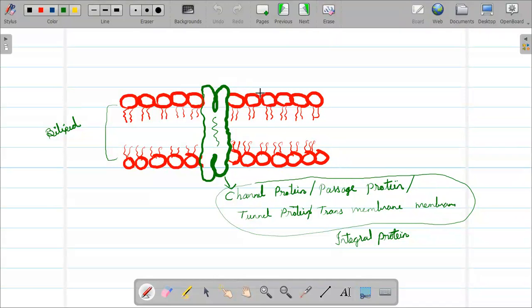These proteins are easily removable. They are only attached to the outside.